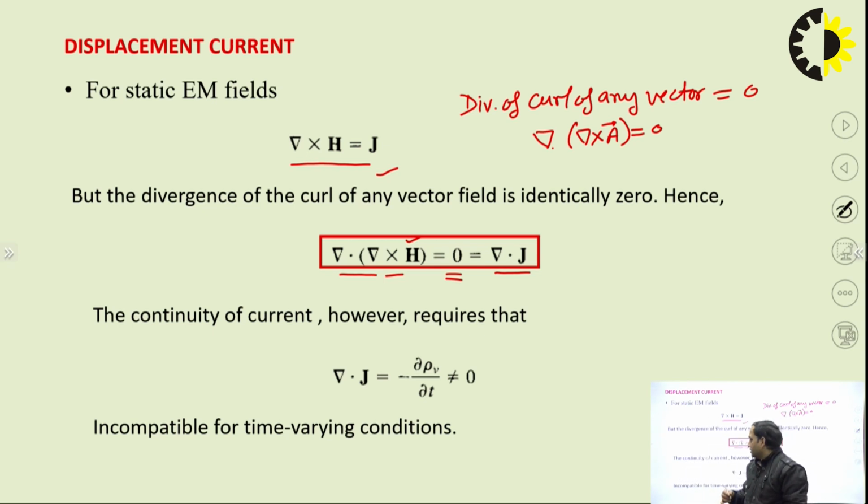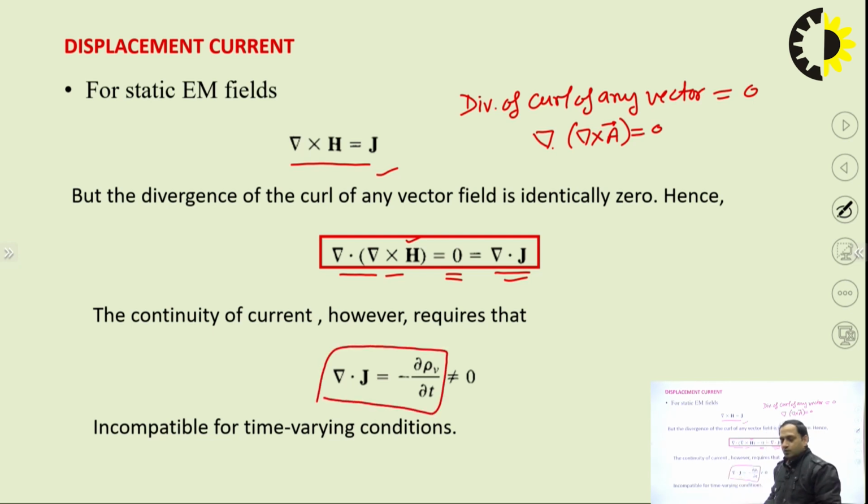We have also discussed the continuity equation in earlier lectures. It says that del dot J, the divergence of J, is equal to minus del rho v upon del t. But by the above equation del dot J is equal to 0.